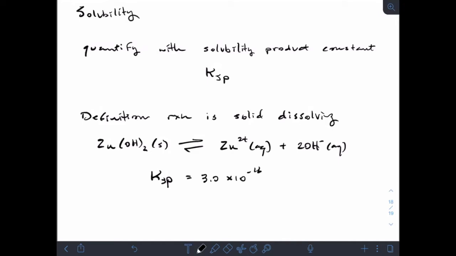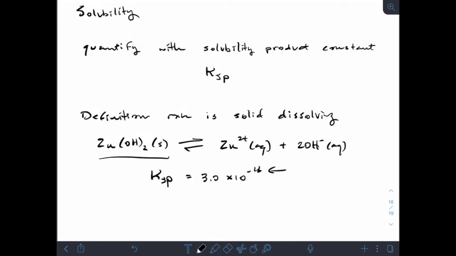Okay, so keeping in mind our evaluation of the magnitude of K. Remember, if K is very large, only the forward reaction is happening. If K is very small, only the backward reaction is happening. So K being very small, so 10 to the minus 16, means that only the reverse reaction is really happening to any appreciable amount. So pretty much everything stays as solid zinc hydroxide.